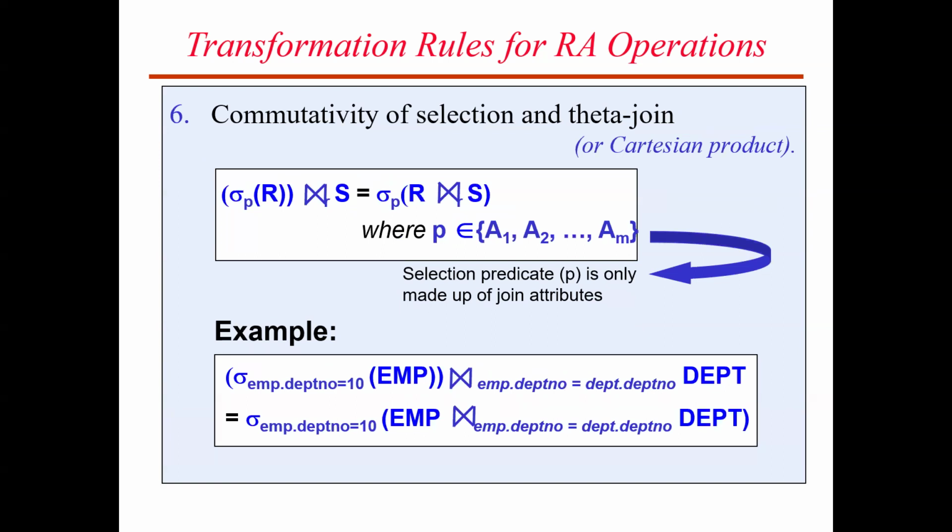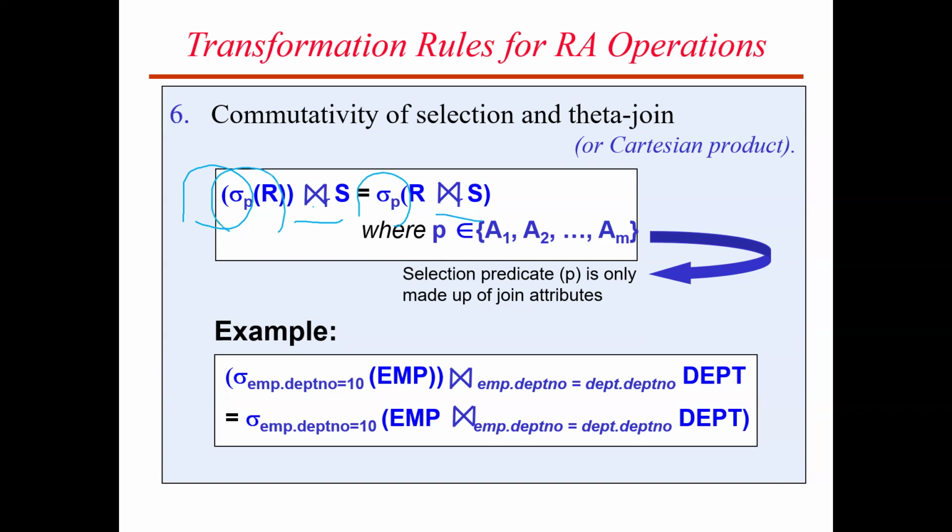Commutativity of selection and theta join. Again, we want to select something from the join of R and S. It is equal to selecting from R and S at the same time.